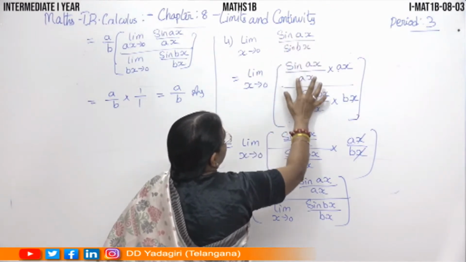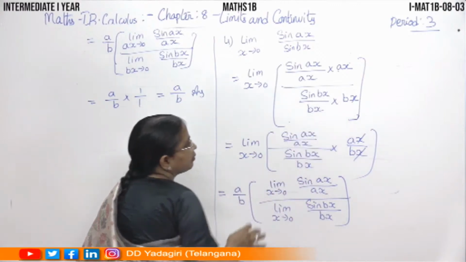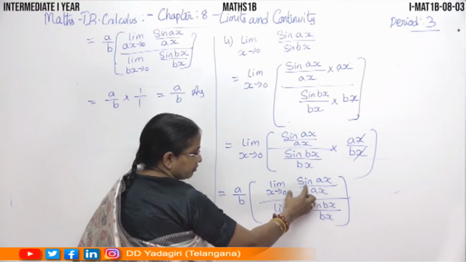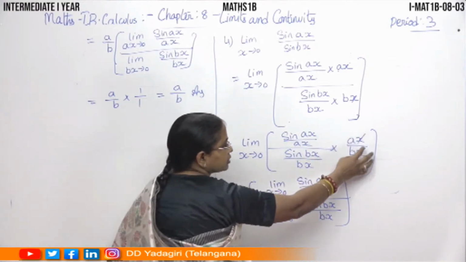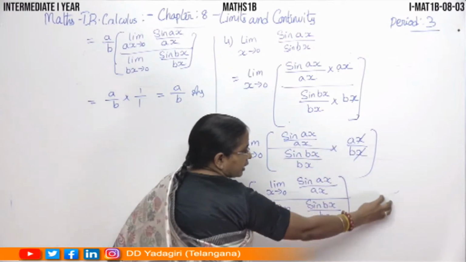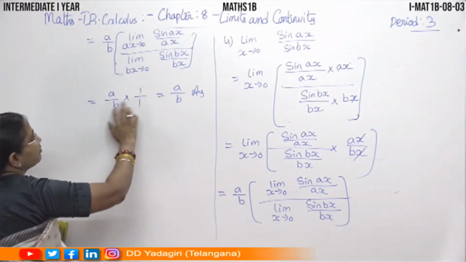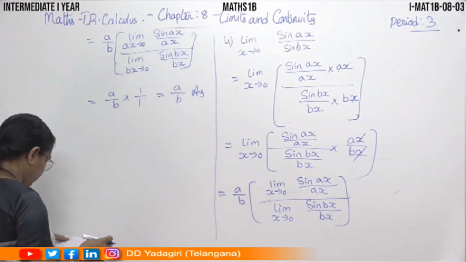In the place of x you have ax, so you multiply and divide by a. In the denominator also multiply and divide by b. Now write separately. The remaining part you simplify. Because it is a constant, we took it outside. If it is not a constant, you write the limit for it again and find its value. So like this we simplify, take the limit to both numerator and denominator and then find the limit.